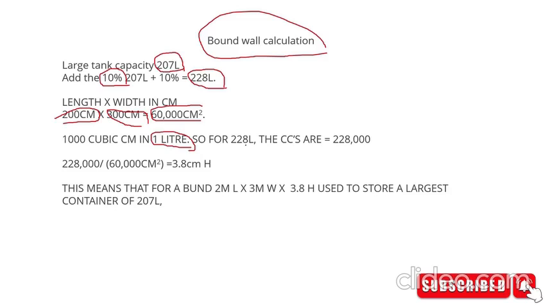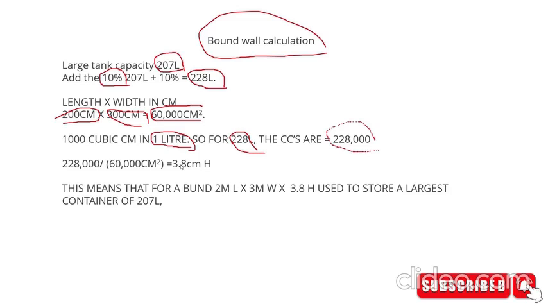So for the capacity of 228 liters, if we multiply 228 liters by 1000, the answer you will get is 228,000. To get the height, you have to divide 228,000 by 60,000.